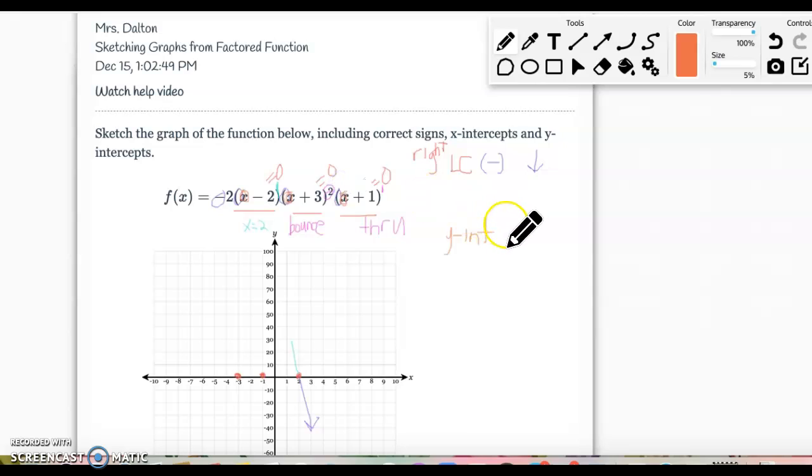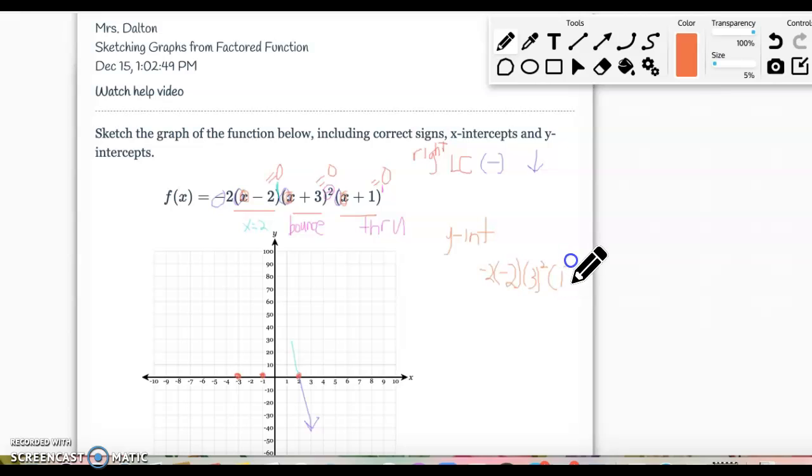Okay, so let's write down what that would be. So I'd have negative 2 times 0 minus 2 is negative 2 as well, times 0 plus 3 is 3, and then I'm going to square it, and then 0 plus 1 is 1.